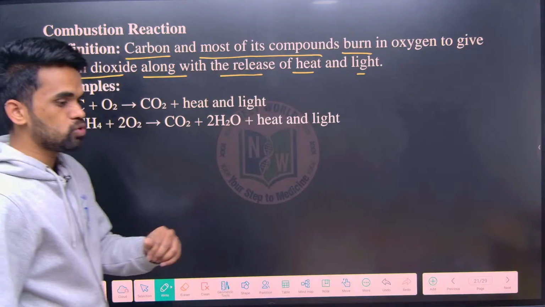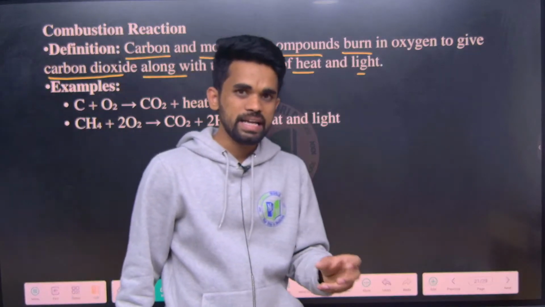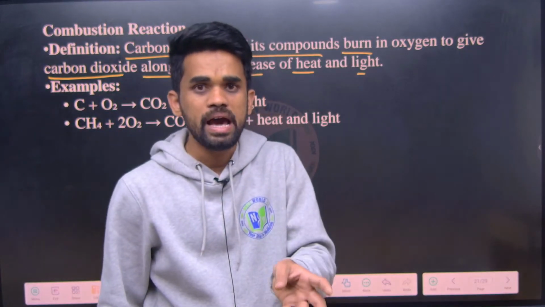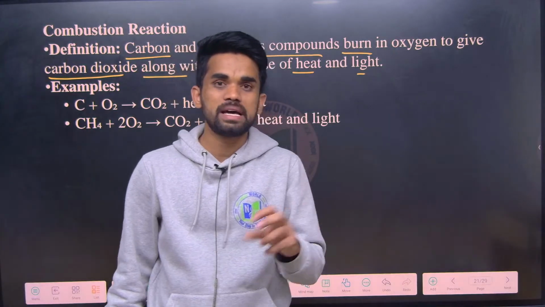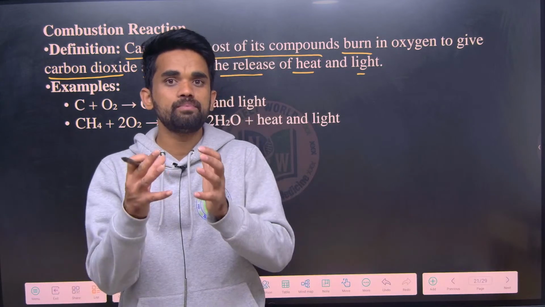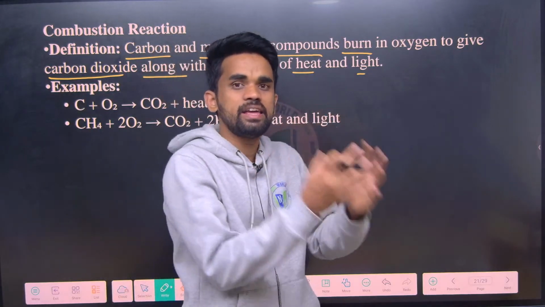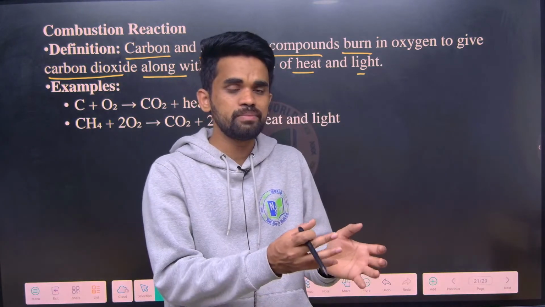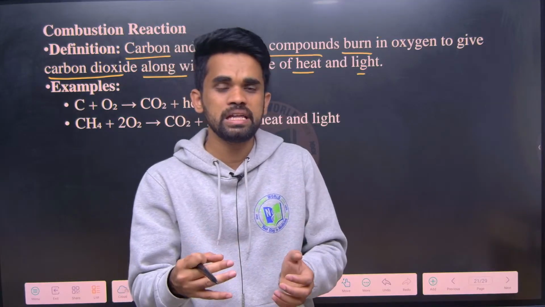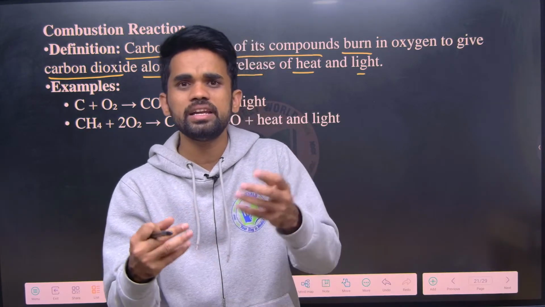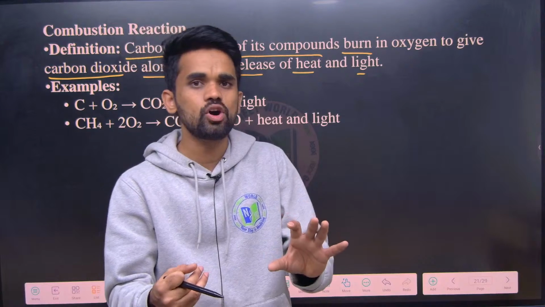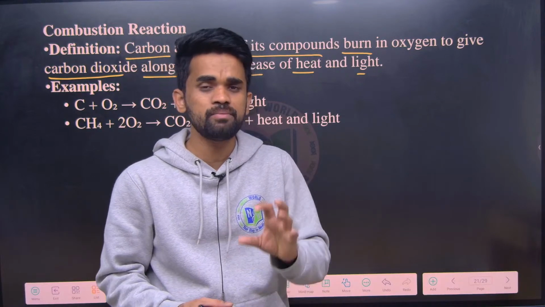We are using carbon, like coal or any other carbon-containing compound, as fuels. Why are we using them as fuels? Because upon combustion of those substances, they release a high amount of energy. That energy can be used for running vehicles, cooking, or any other purpose. So we can call them fuels.